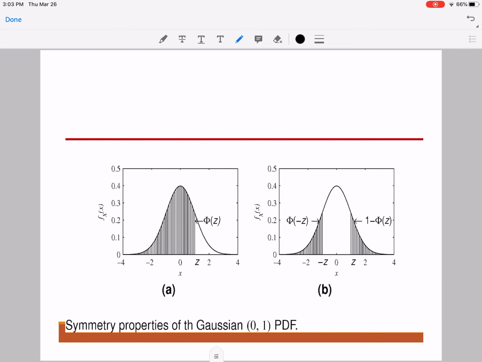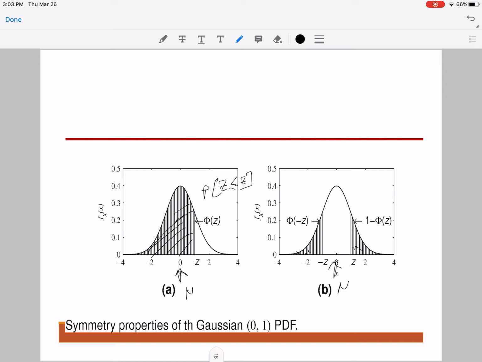Another important property of a Gaussian random variable is that it's going to have a bell-shaped curve which is symmetric about the mean, mu. So this region right here, which is shaded, gives you the probability that the random variable capital Z is less than or equal to small z. The symmetry property also tells you that these two shaded areas will be equal.